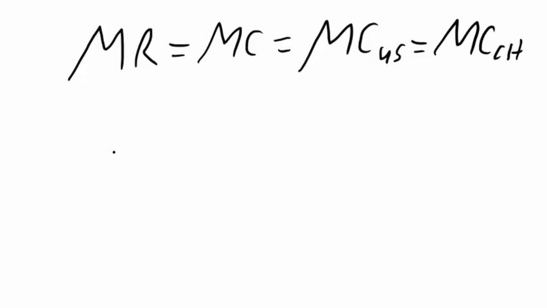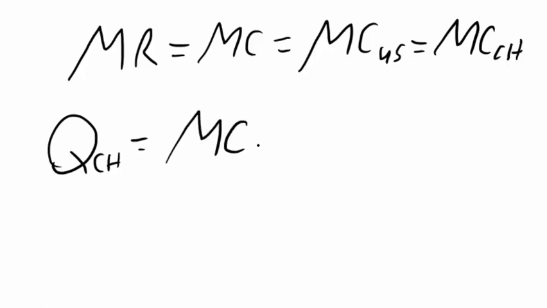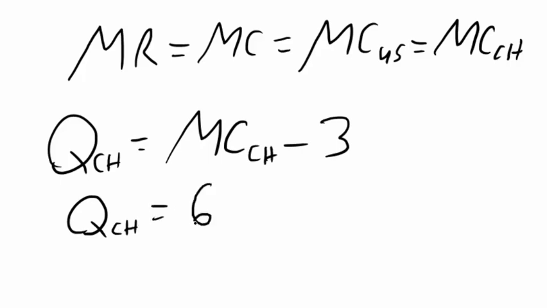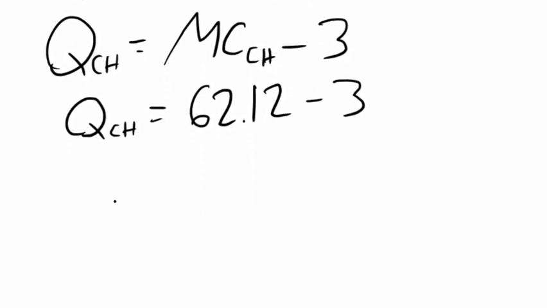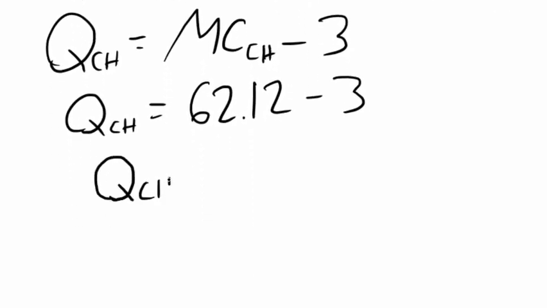Using the quantity functions that we derived earlier, we have quantity of China first, which was marginal cost of China minus 3, and we know our marginal cost is 62.12. We subtract 3 from it, so we get a quantity of China equals 59.12.